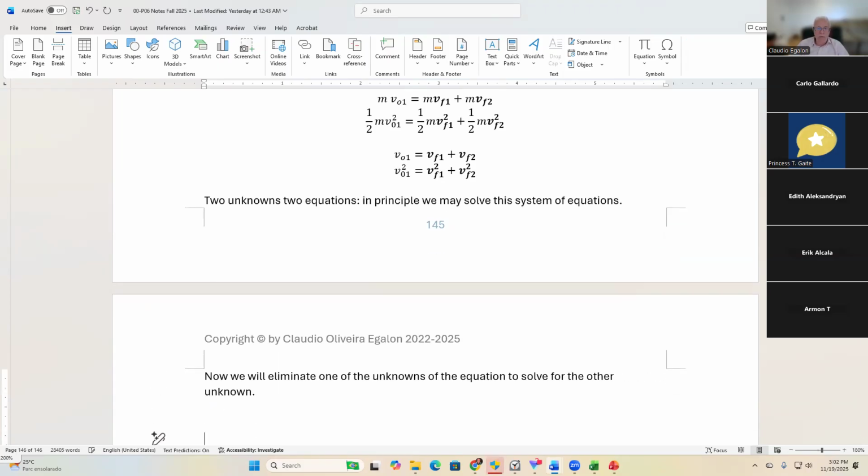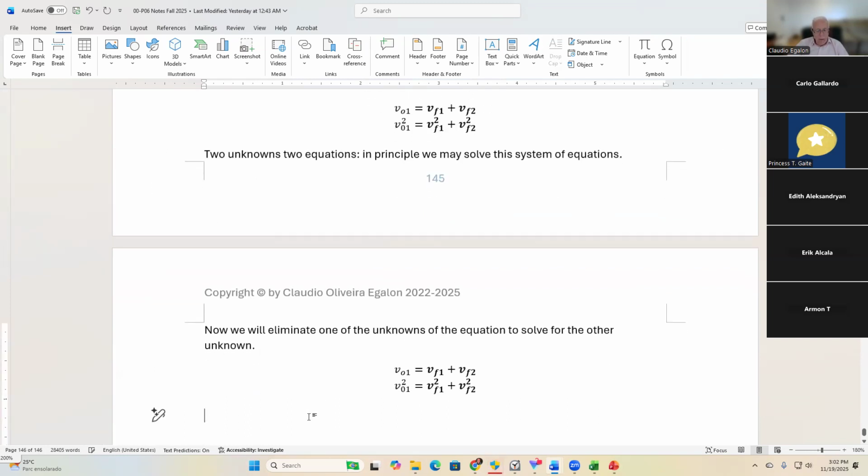We write that unknown in terms of the other unknown. Let's eliminate VF2, right? I want to find VF1 first. If I want to find VF1 first, I have to eliminate VF2. By eliminating VF2, I mean I have to make VF2 equal to the other one.